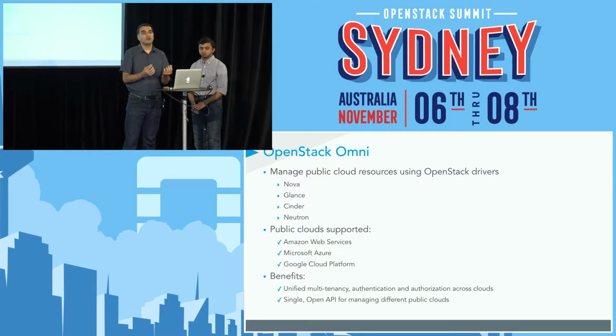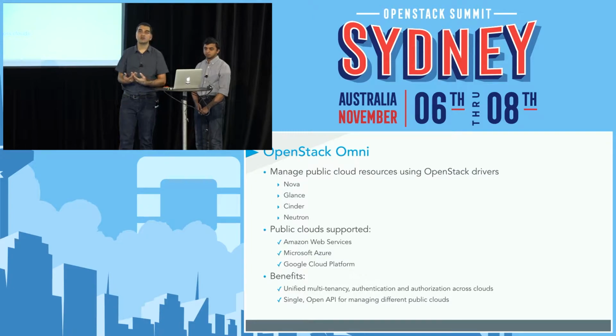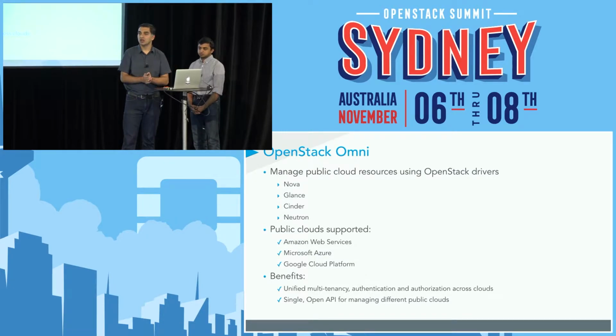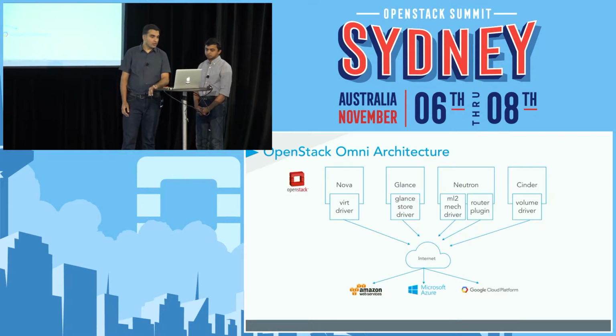And of course, we also have the Keystone-based authentication integrated into Omni. So using Keystone, you can actually control or spin up workloads in your public clouds. So the idea is that for a public cloud like AWS, you don't have to create specific user accounts. You can just manage them through OpenStack. And those are really the benefits of Omni.